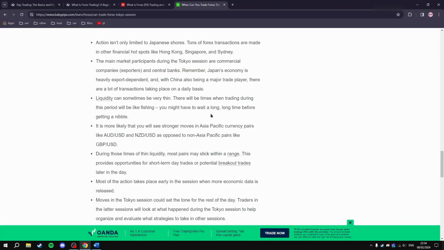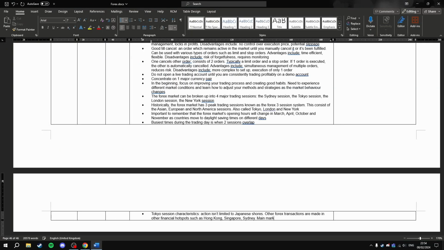The main market participants during the Tokyo sessions are commercial companies, exporters and central banks.